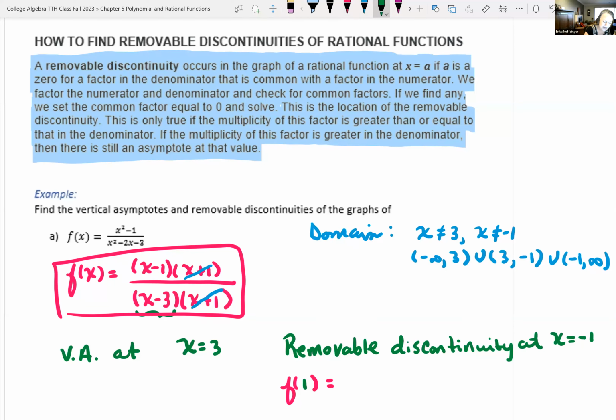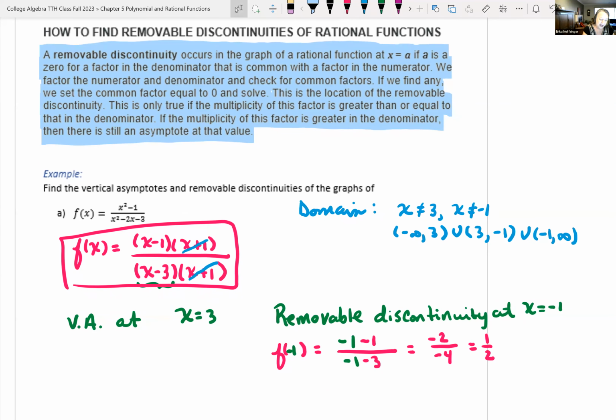So plugging in negative 1 wherever I see an x in the reduced form, I'd have negative 1 minus 1 all over negative 1 minus 3. Let's simplify that. Negative 1 minus 1 gives me negative 2, and negative 1 minus 3 gives me negative 4. And that reduces to 1/2.